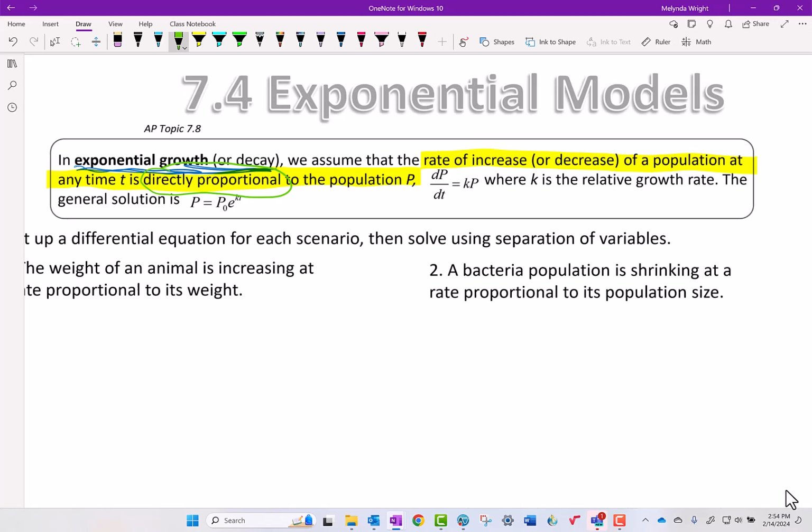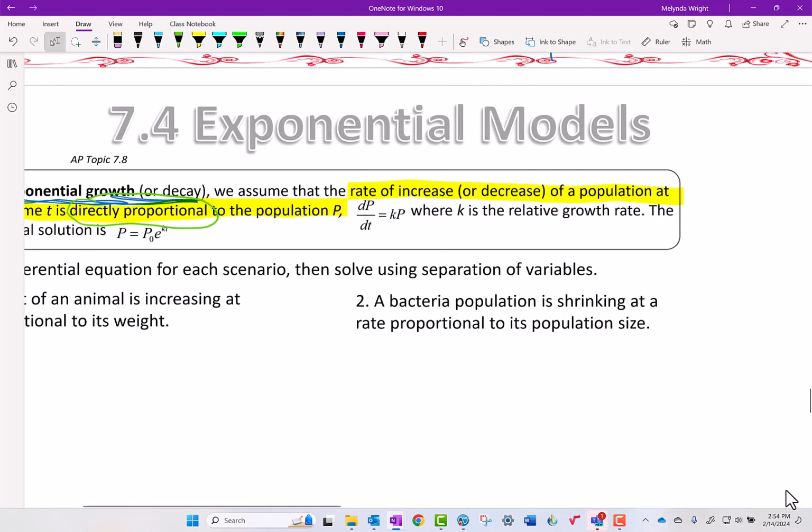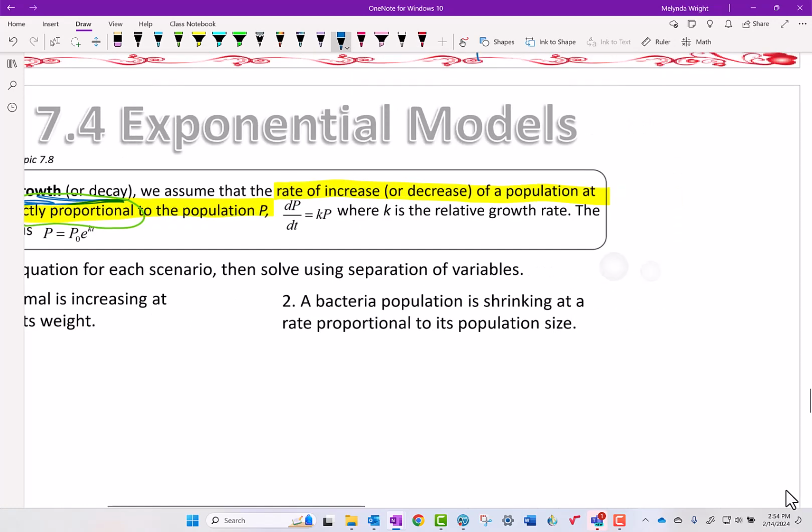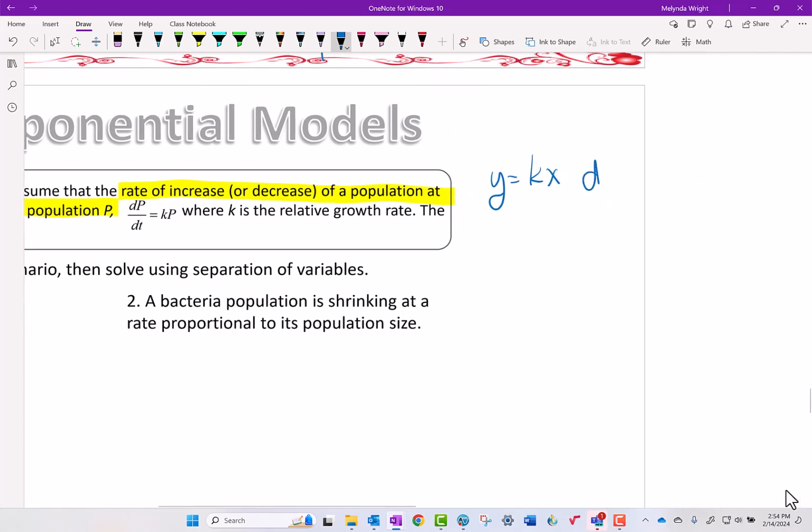I'm just going to remind you. When we learned it, if the variables, in most cases x and y, were directly proportional, they are directly across from each other. This is direct. This is directly proportional.